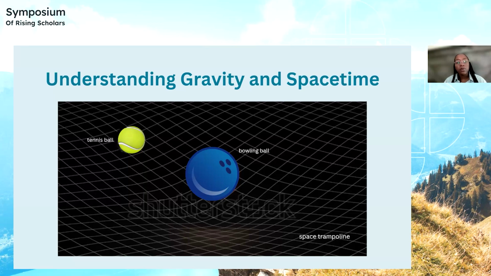Now, if that tennis ball were to end up in the range of the dent of the bowling ball, the tennis ball would be drawn closer to the bowling ball and it would roll down the dent towards the bowling ball. And that's kind of how gravity works.